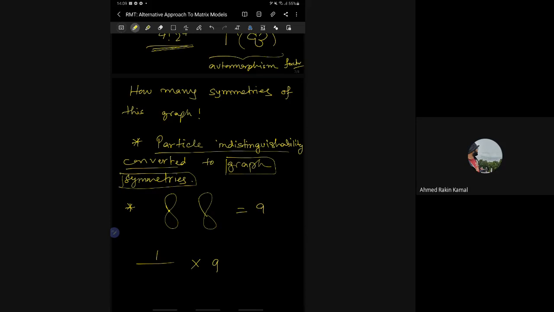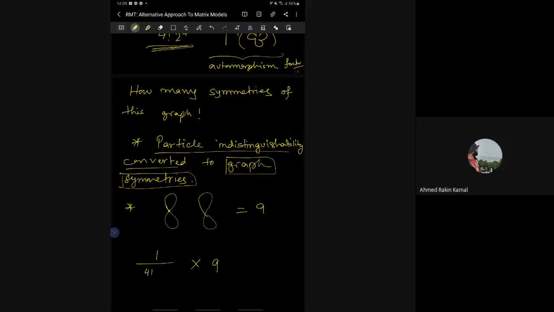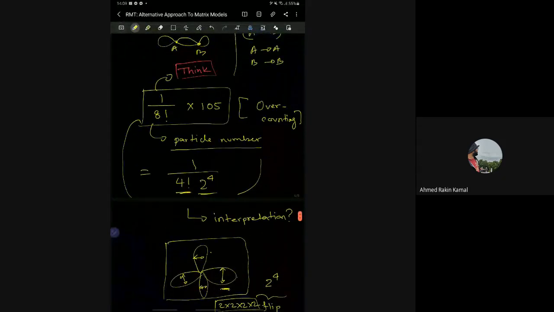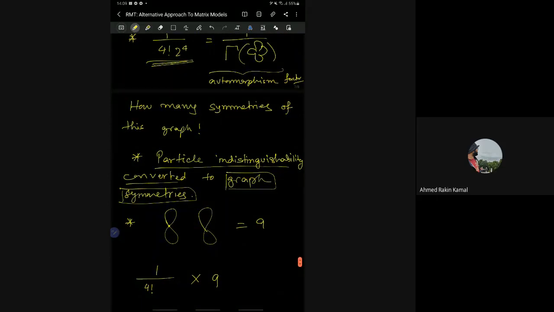So what is the number I should divide by on this side? You have 4 particles, and again you have 4 particles. I think it should be 2 squared times 2 factorial. It's 4 factorial. Remember, I got 8 factorial here. It's just 4 factorial, and since we have 2 of them, 4 factorial squared.